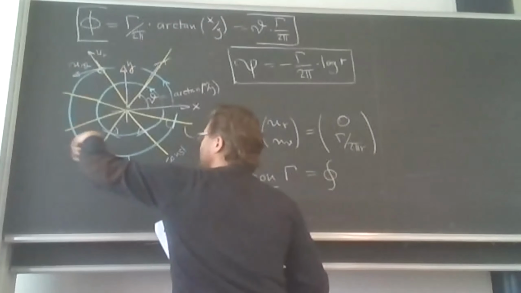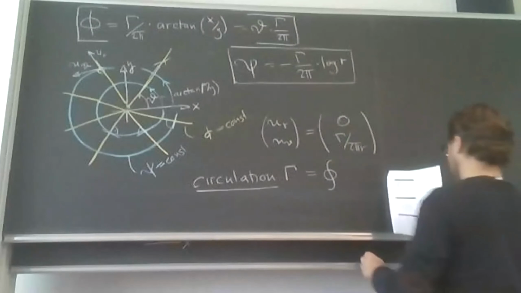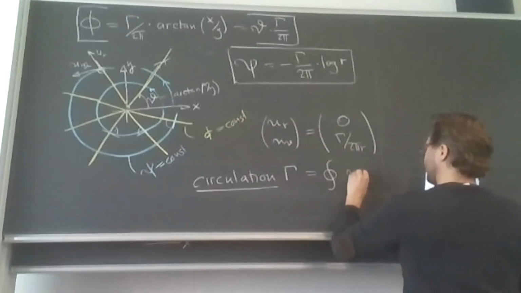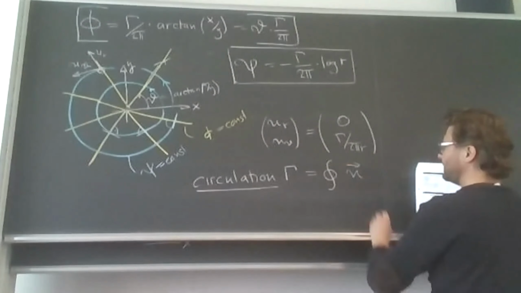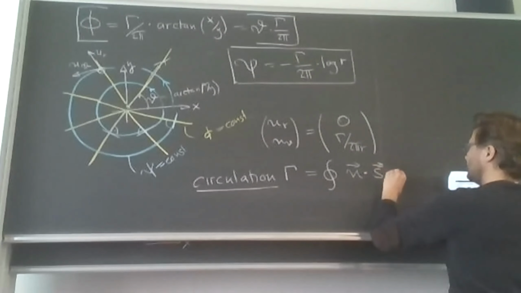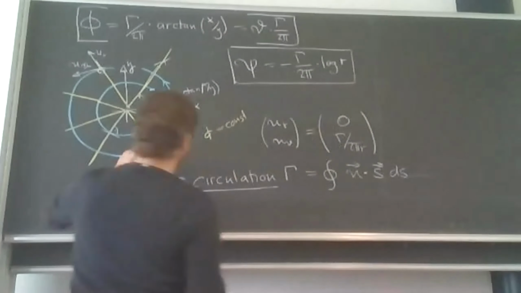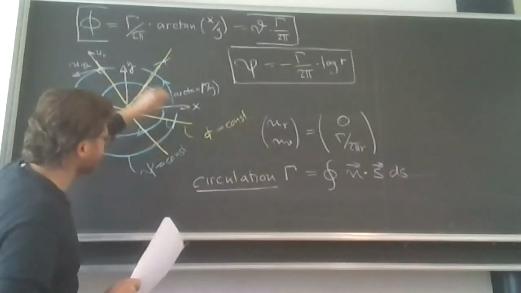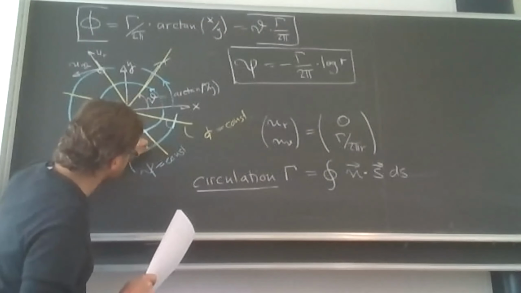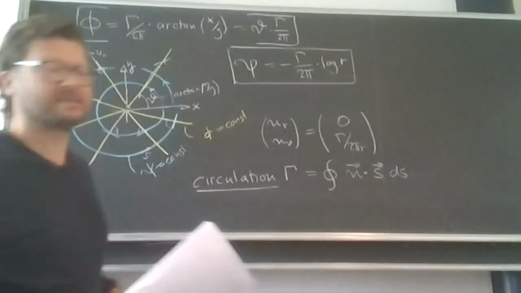So for instance, the integral along one of these blue curves, so once in a circle, of the velocity vector u along this path S. In general, you can take any path, but we would just take a path S along one of these streamlines.